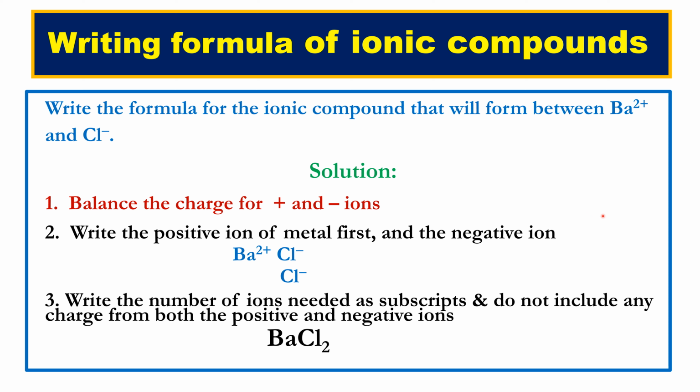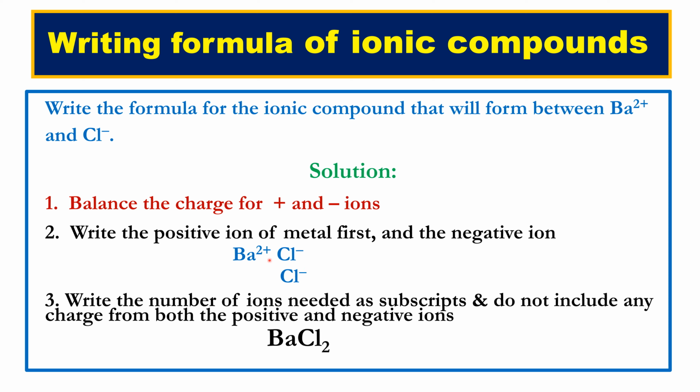The second thing you do is to write the positive ion of metal first, and then write the negative ion. So in this case, we write barium 2 plus first, and then we write chloride ion.